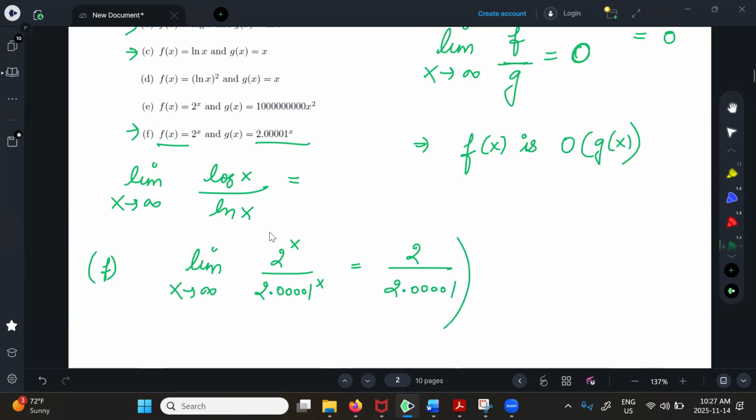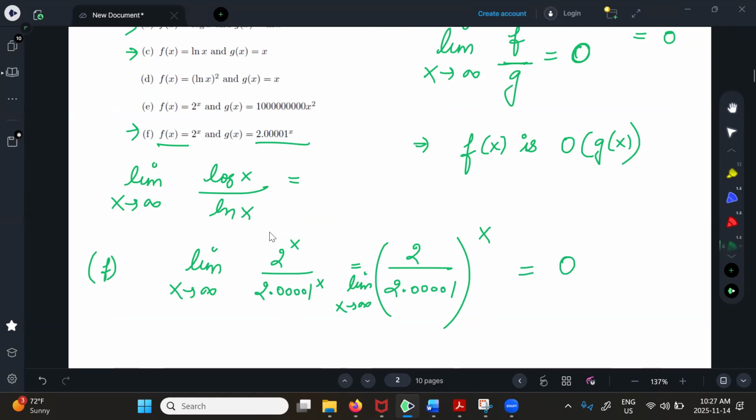The limit as x approaches infinity of (2/2.0001) to the power x. Is this ratio less than 1? Use calculus here. If this ratio is less than 1 and you raise the power to infinity, this limit is going to be 0.